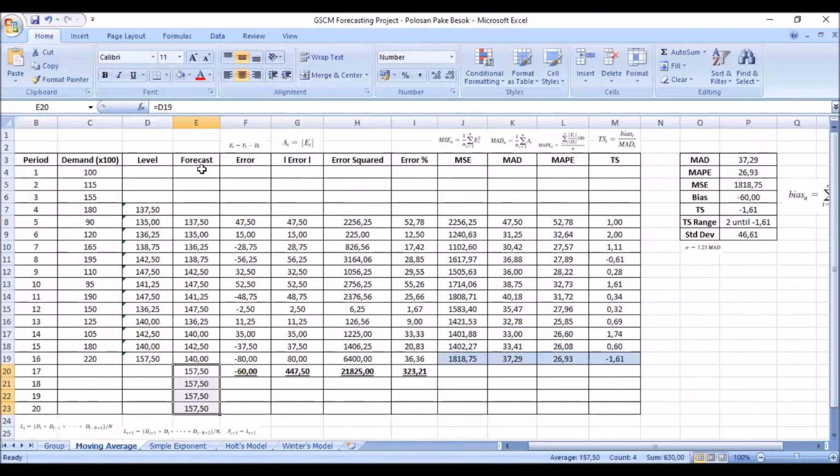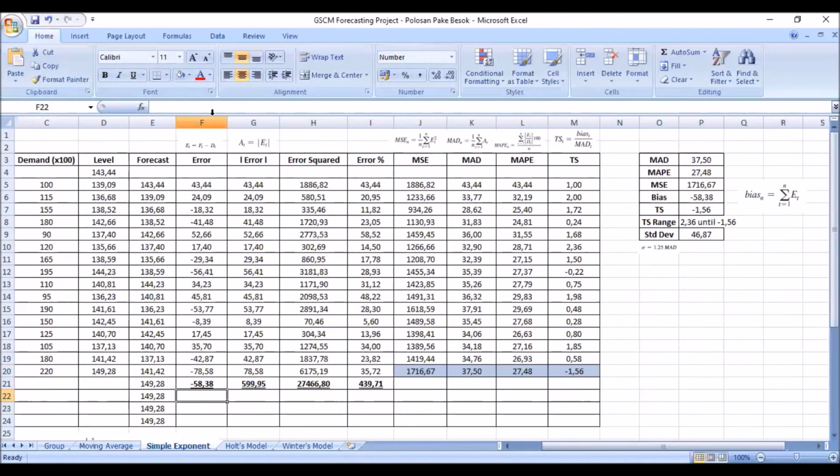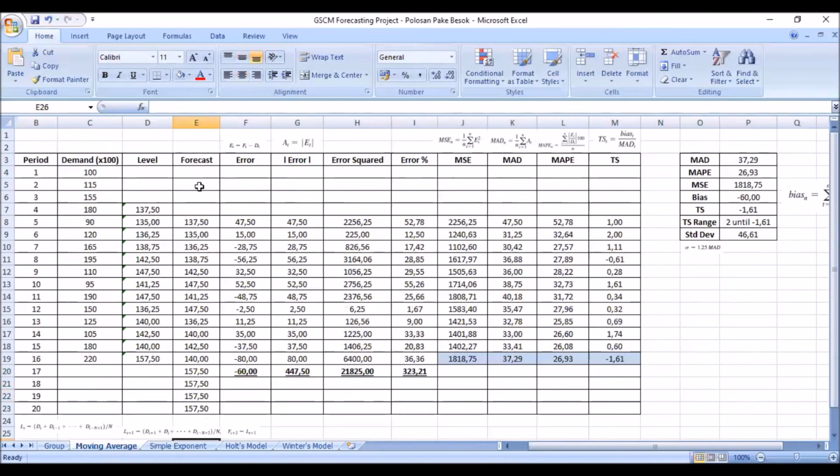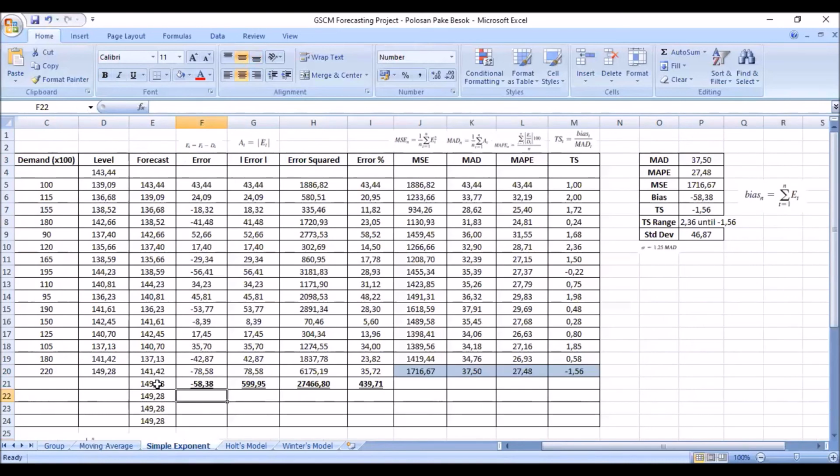However, it doesn't mean that moving average is really bad, despite that it doesn't even count the forecast error. But still, it shows that simple exponential is way more reliable than moving average, because moving average doesn't even account for a forecast. Yet we're also going to conclude what we can imply from each of these methods.